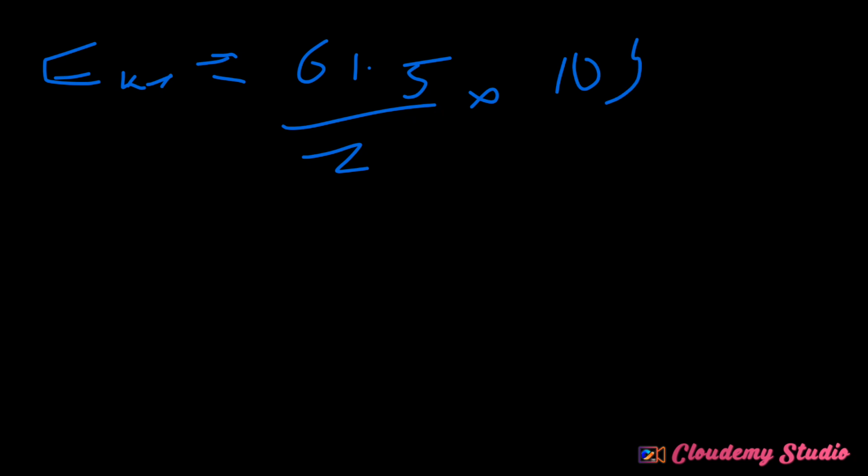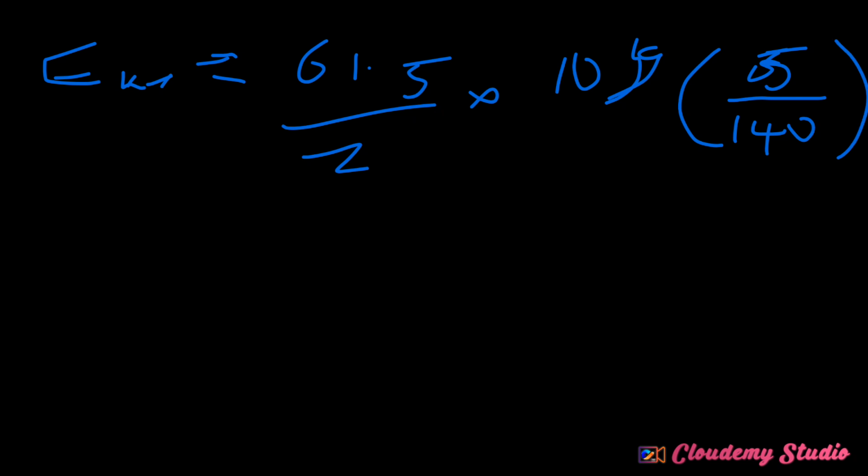We have the equation E K plus equals 61.5 divided by Z multiplied by log 5 over 140.